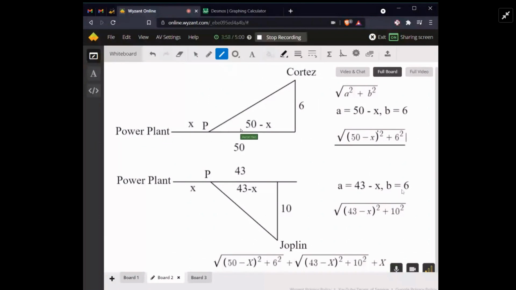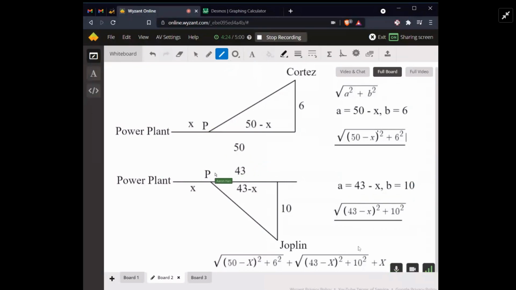Once again, then we have both of our values that we need to get our hypotenuse. And I realize now I have a typo here. This should say b equals 10, because that's 10 miles south from that junction point. And plugging this in, we will get our equation for the distance from that junction point to the city of Joplin.